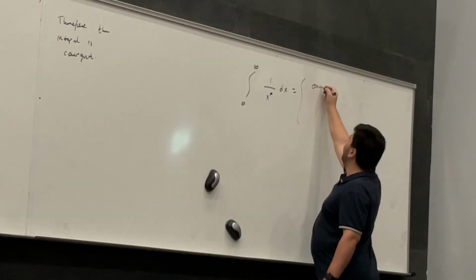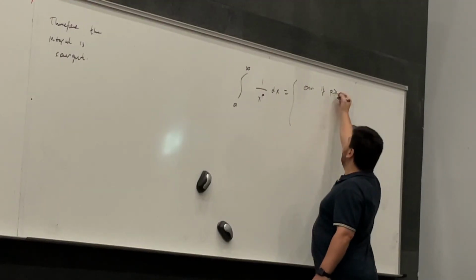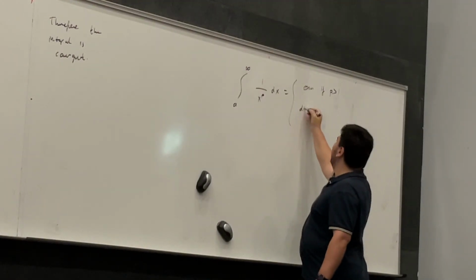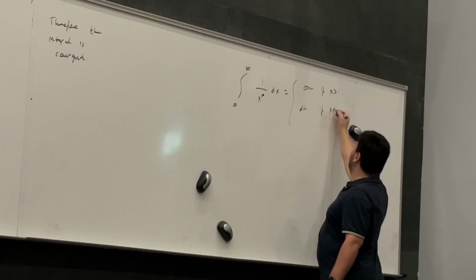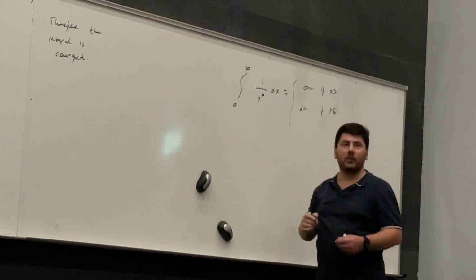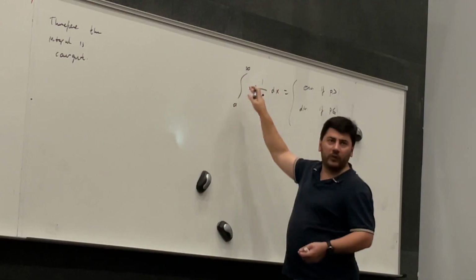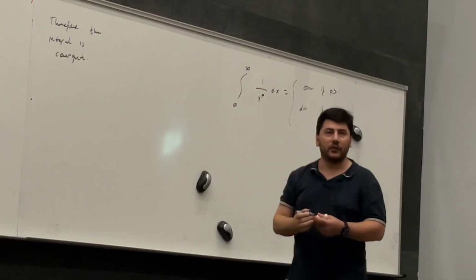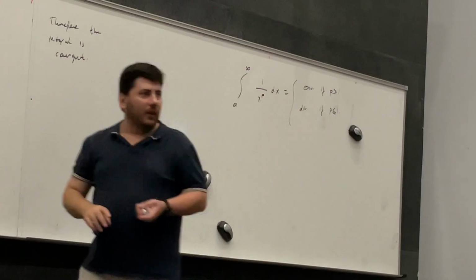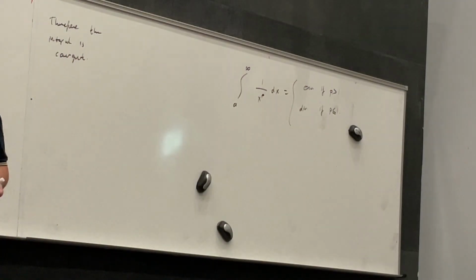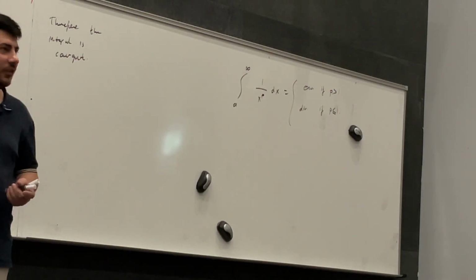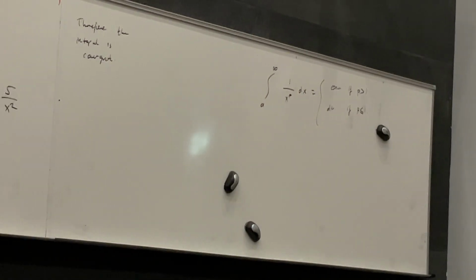It is convergent if p is greater than 1, divergent if p is less than or equal to 1. So it's always a to infinity, a constant to infinity.